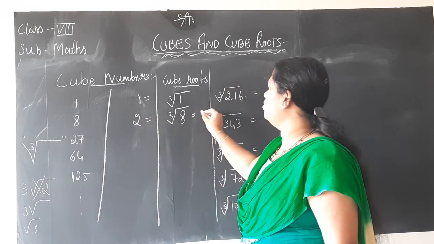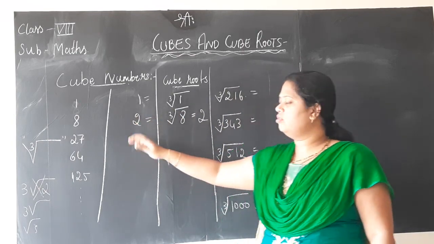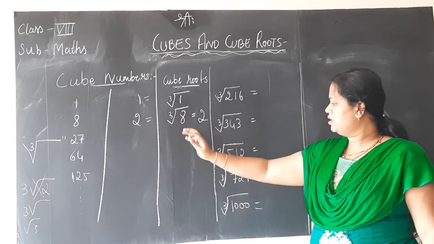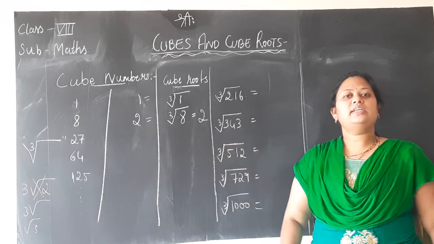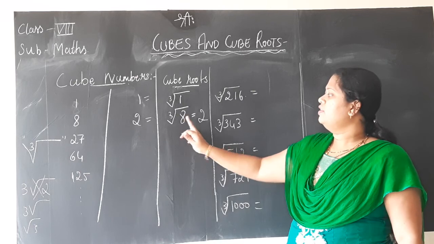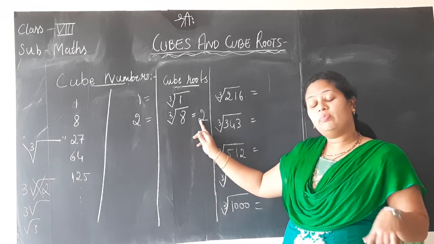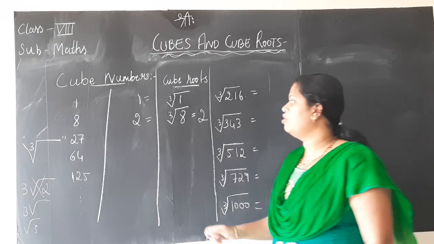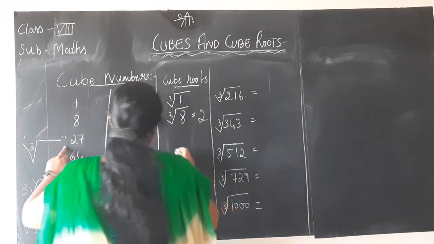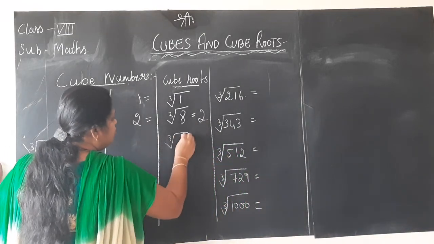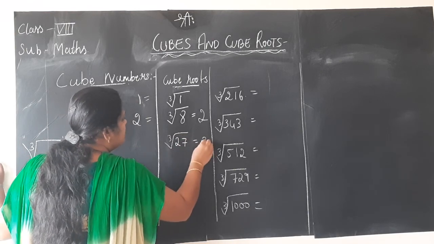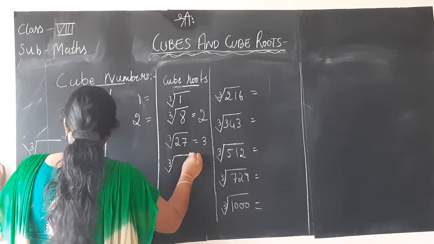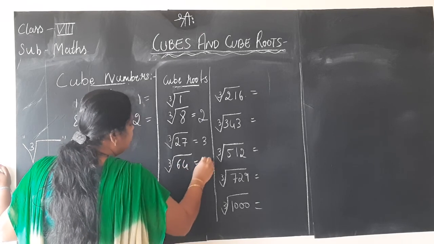Or you can write on this side only, if it is confusing. Cube root of 8 is 2. It means, children, when you multiply 2 three times, you get 8. Cube root of 8 is 2. Similarly, cube root of 27 is 3. Next you have 64. Cube root of 64 is 4.